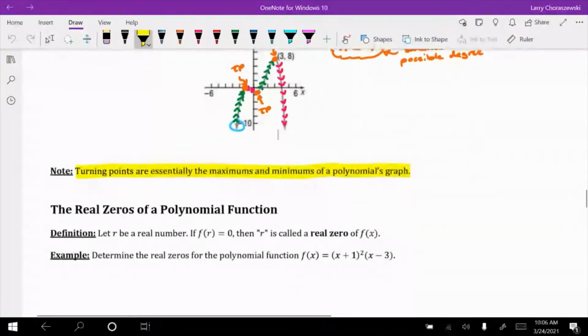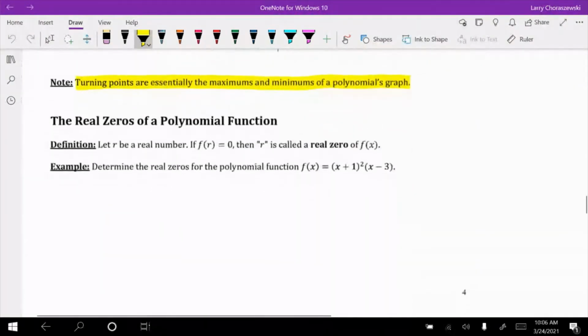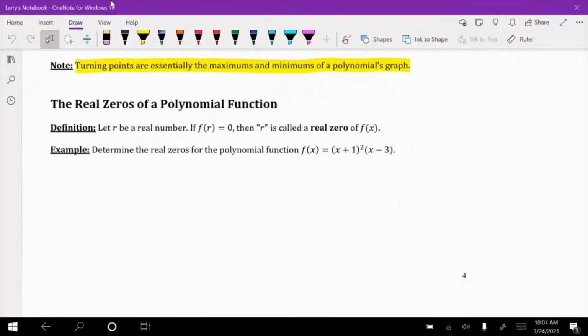We're going to move on to one of the most important topics regarding polynomial functions, and that would be the topic of real zeros. And real zeros are not necessarily going to be the number 0 itself, but rather real zeros are numbers that we could plug in to the function that produce an output of 0.